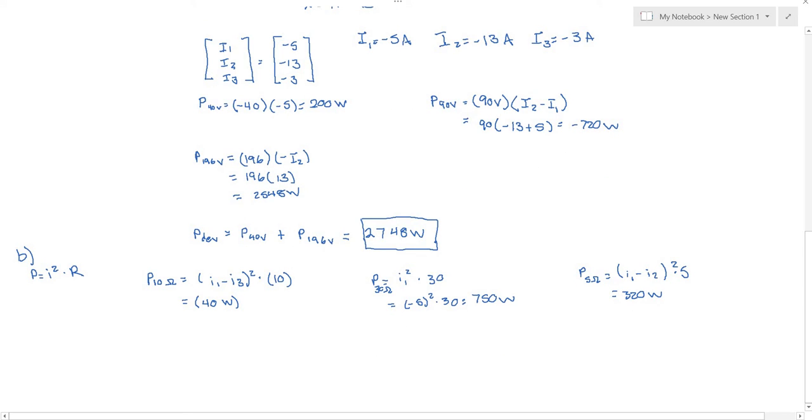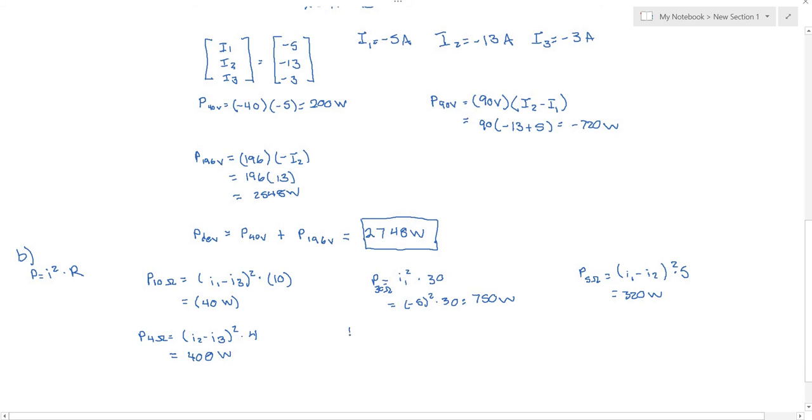Now we keep on going because we still have 3 more components to go. P at 4 ohms is equal to (I2 minus I3) squared times 4. This ends up being 400 watts.